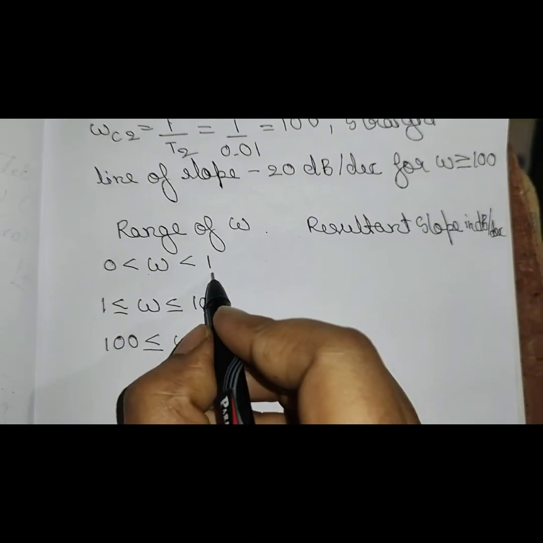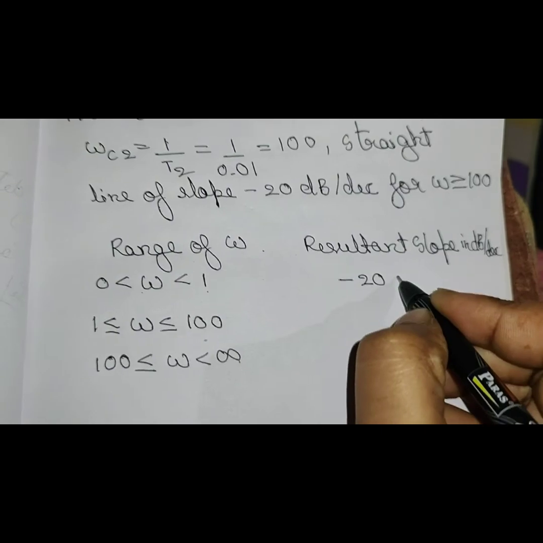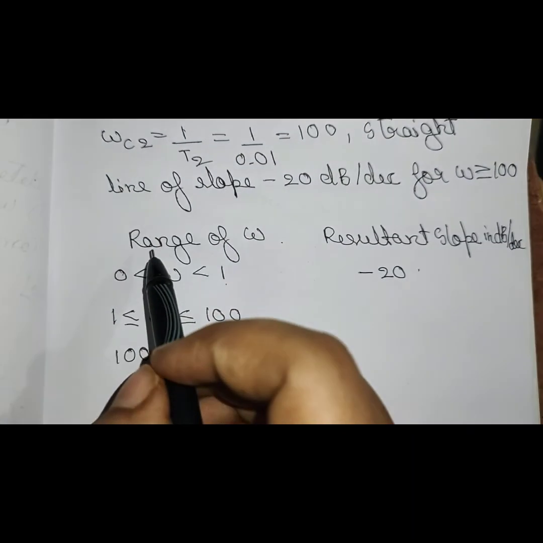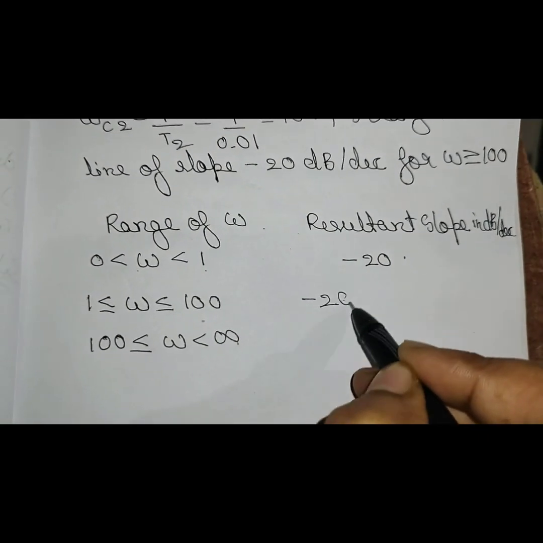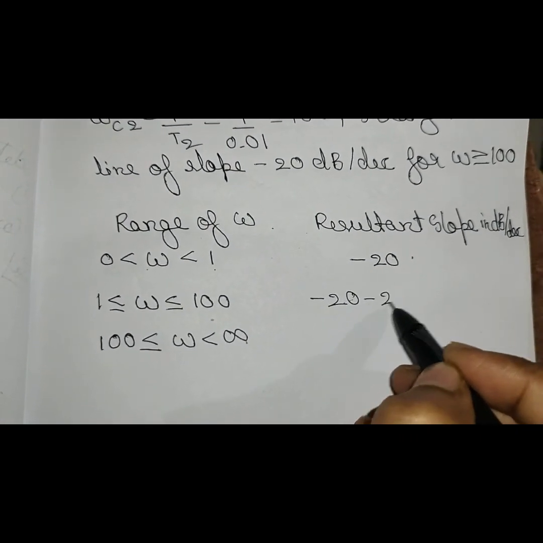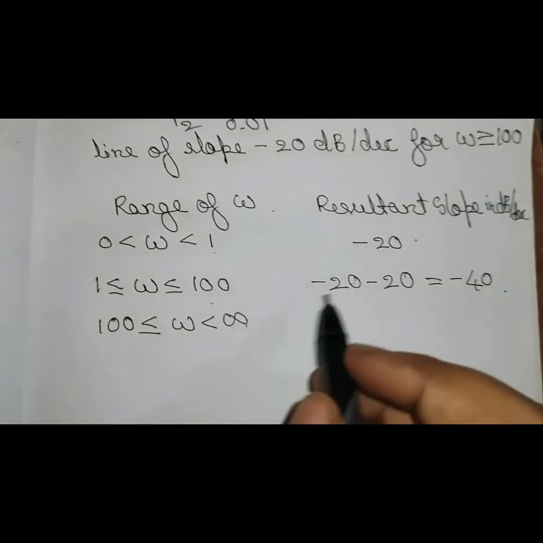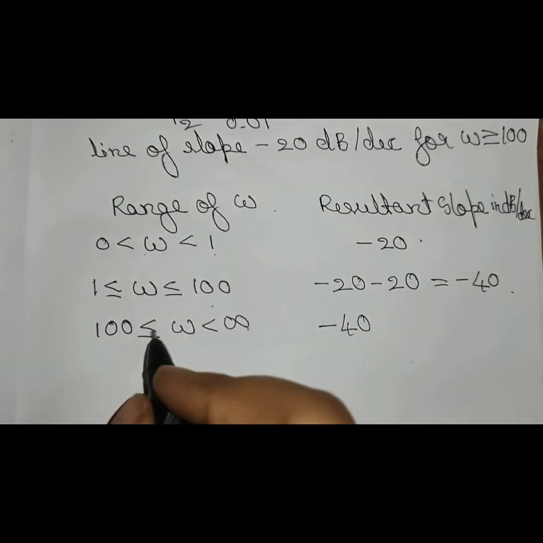So for this what we got is minus 20 decibels, that is at the origin, right? Next for next slope how much we got? Minus 20, and before what it is? Minus 20. So minus 40 decibels. And now minus 40, and what about for this?